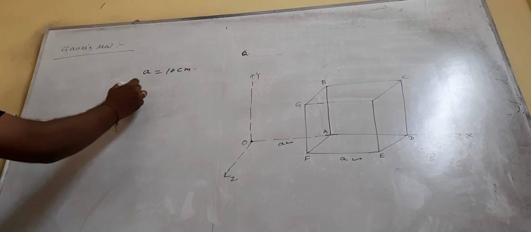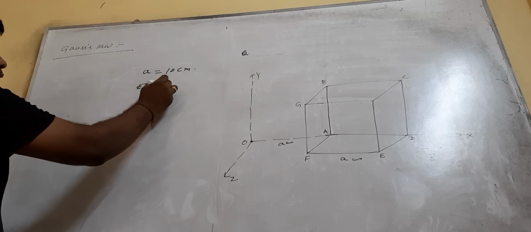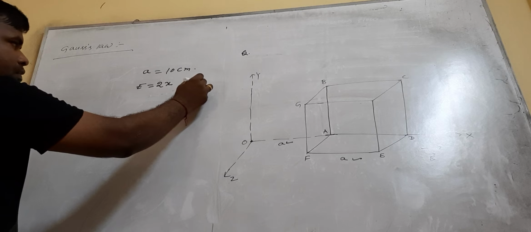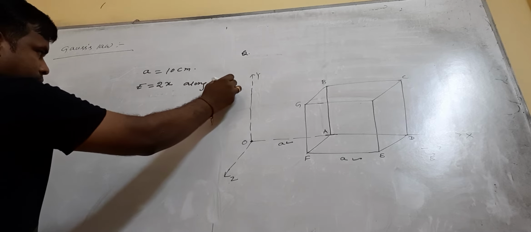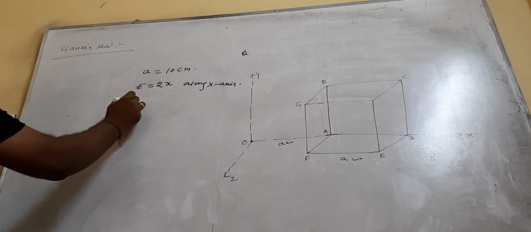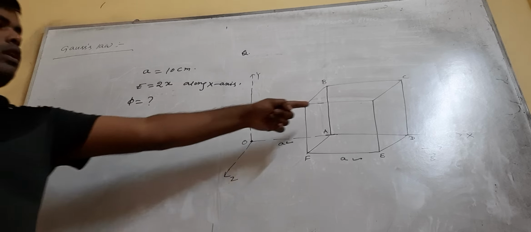And electric field E, let it be 2x, and its direction is along x-axis. The question is: what is the electric flux linking with the whole cube?